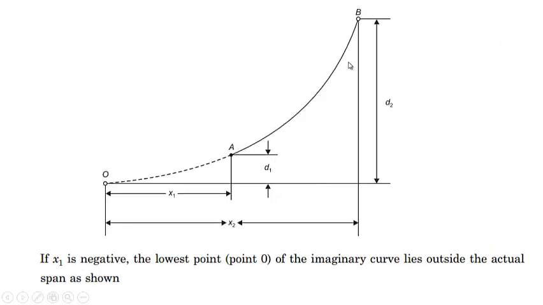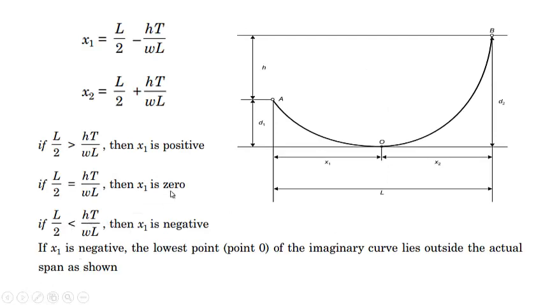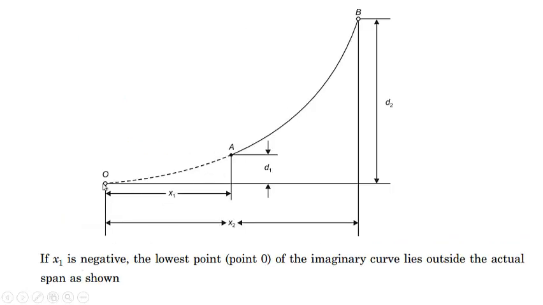You can see that these are the two supports, and if we extrapolate it, its minimum point may be over here, which is to the left of this support. So this may be x1, and L by 2 is less than th by wL. In that case, the origin will be to the left of this one. So this distance will be d1 and this distance will be d2 again. From here to here, x2 minus this quantity will be equal to L, because x1 is negative.